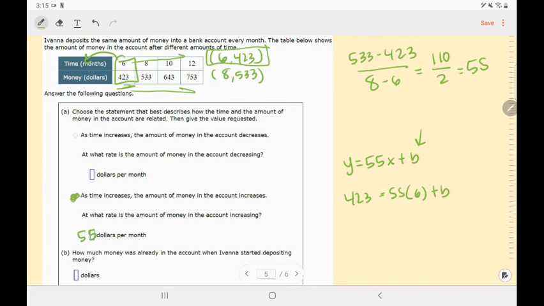So 55 times 6 means she added $330 to her account in the 6 months. And if I want to find my y-intercept, I'm going to subtract that 330, and I can figure out how much is left in there. So 423 minus 330 equals a grand total of $93.